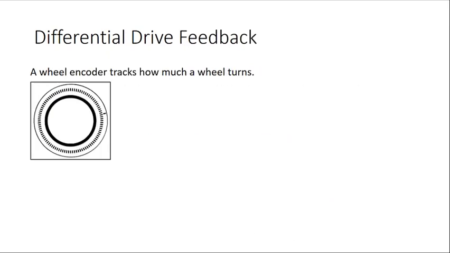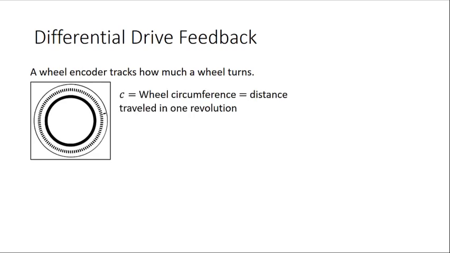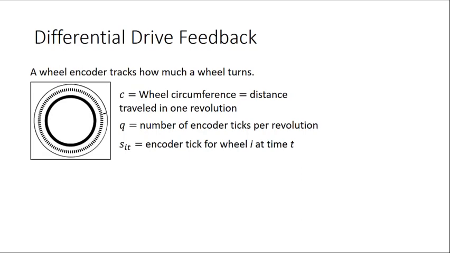So the first thing we need to know is how do we tell how much distance has been traveled by a wheel simply based on encoder information. So we're going to set some variables to do that. C is going to be the wheel circumference, so the distance traveled by the wheel in one revolution. Q is going to be the number of encoder ticks per revolution, and S_i,t is going to be the encoder tick that was previously returned by the encoder for wheel i at time t.